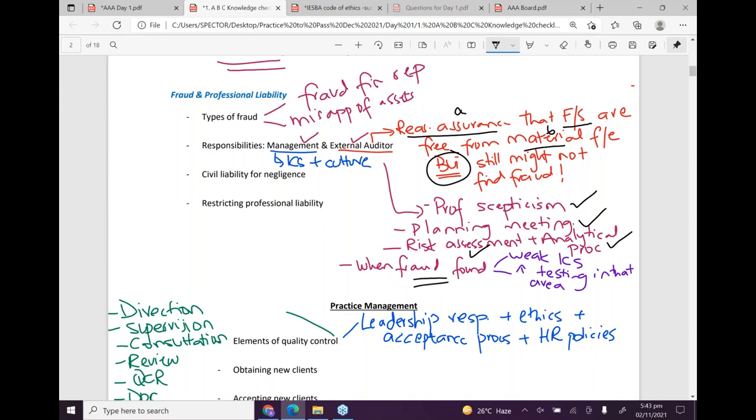When I find fraud, write down in your answer, this is indicative of weak internal controls and I'll have to increase testing in that area. So if you find fraud in payroll, you can get 1 mark for saying this means controls in payroll are weak. Another mark for saying as auditors, I'll have to increase testing in that area.